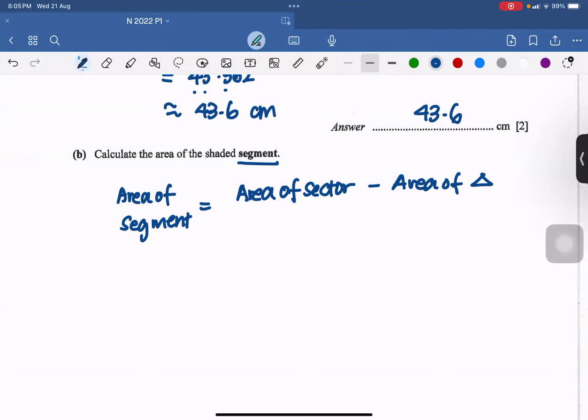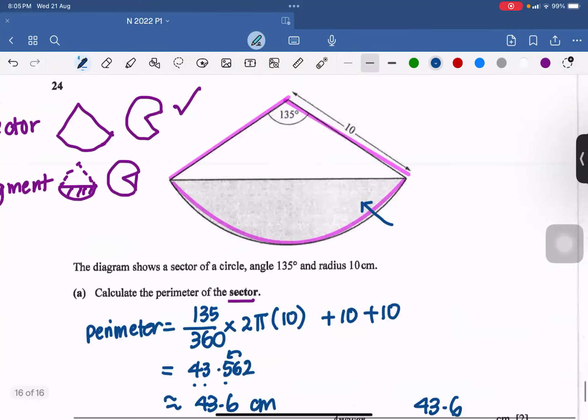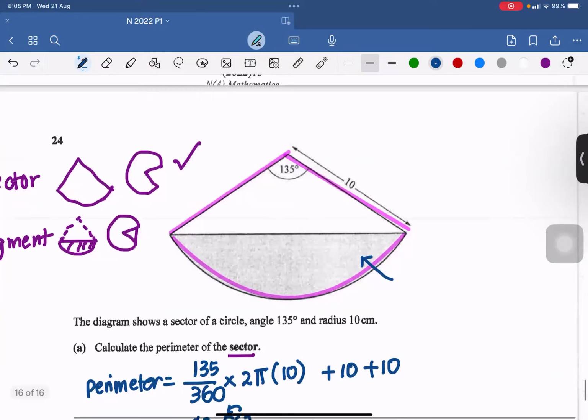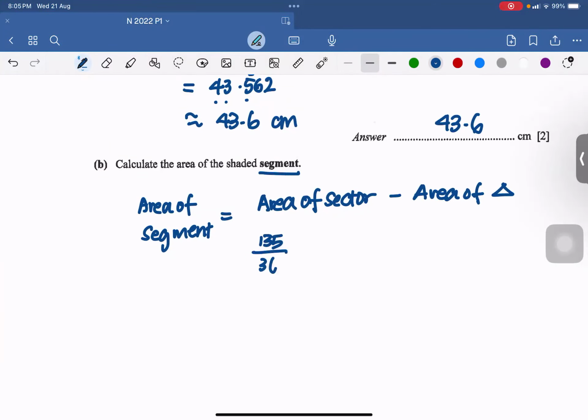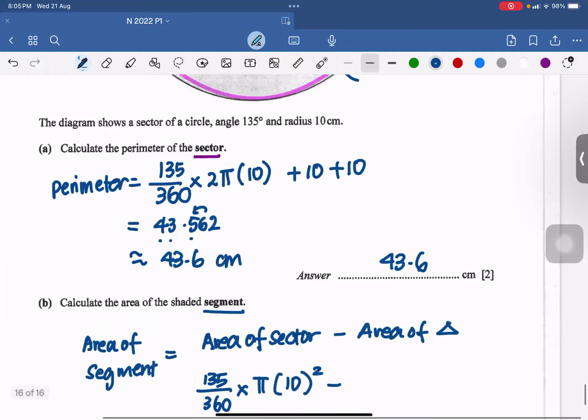So how do I find the area of the sector? Area of the sector is the angle 135 out of 360. We want area. Do I multiply by 2 pi r or pi r square? Which one? Thank you. Pi r square. Our radius is 10. Minus away the area of this triangle.